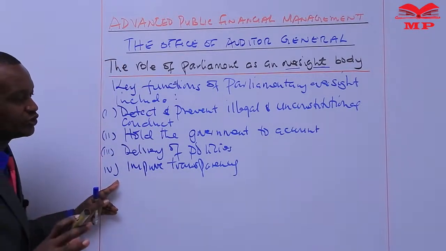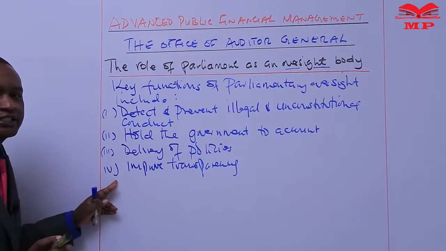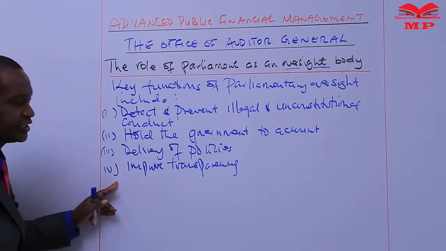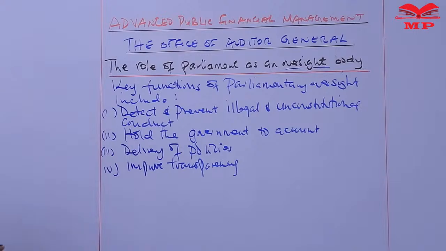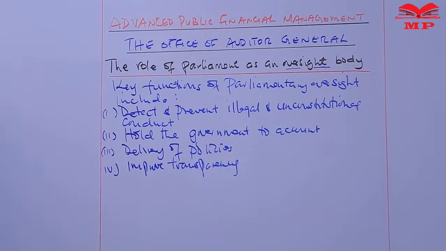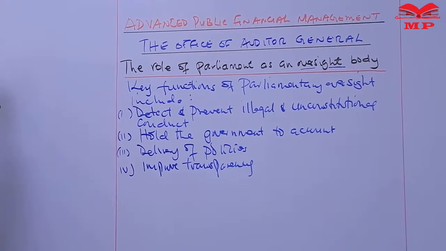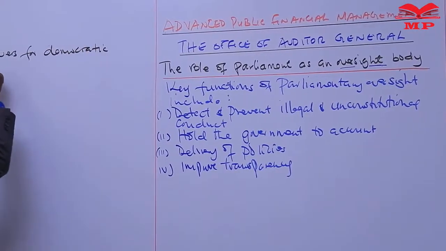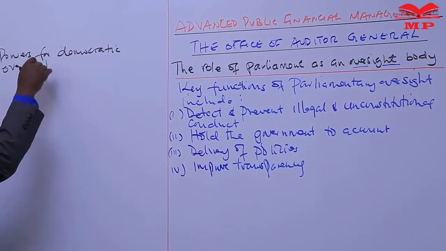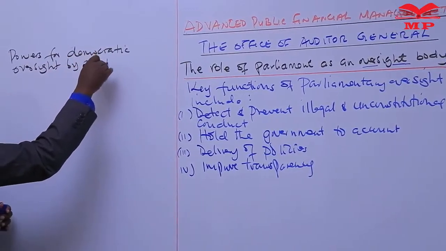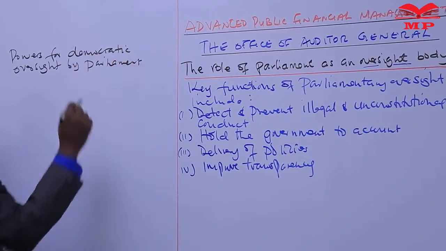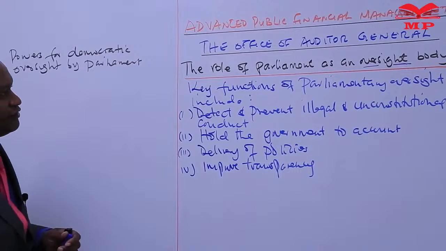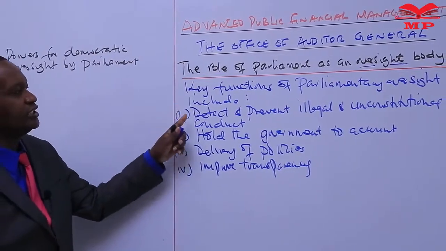So we are now going to discuss the powers for democratic oversight by parliament. Powers for democratic oversight by parliament. What power does parliament have in order to carry out these key functions?